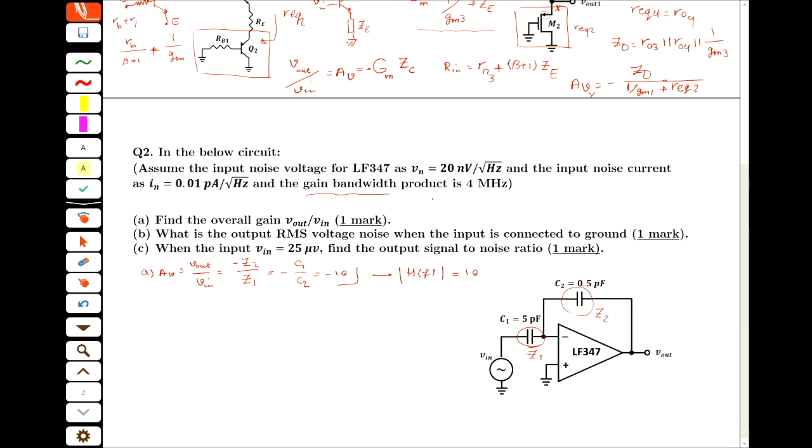So gain times bandwidth is 4 megahertz, so the bandwidth equals 4 megahertz divided by 10, which is 10 to the power 5. Okay?